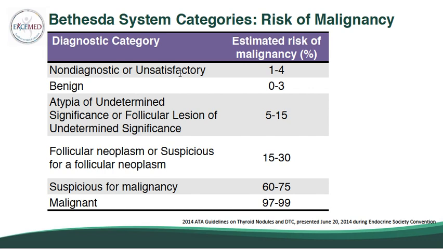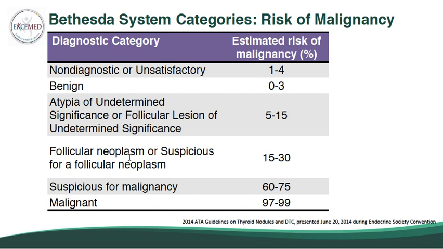So you can opt to repeat the FNA, especially if you're highly suspecting a thyroid cancer. If it's benign, then you can reassure your patient. The risk of malignancy is only 0 to 3%, so we can opt not to do any further surgery.